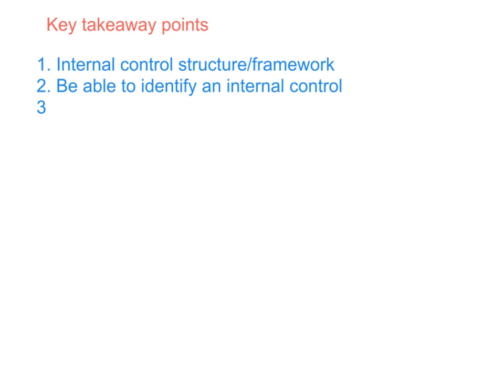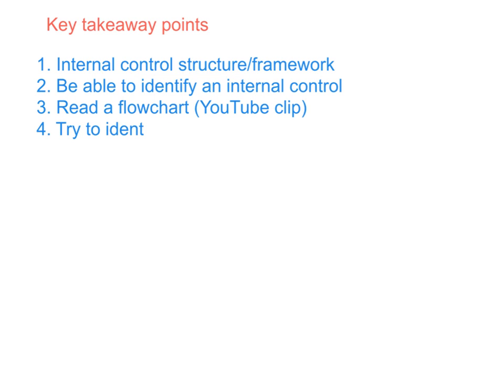Third, I want you to be able to read a flowchart. There's a YouTube clip on that. So just read, not draw at this stage. Then try to identify weaknesses in internal controls. That's really looking for a gap.